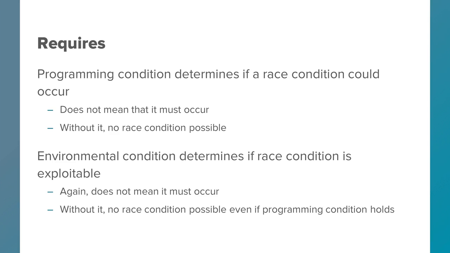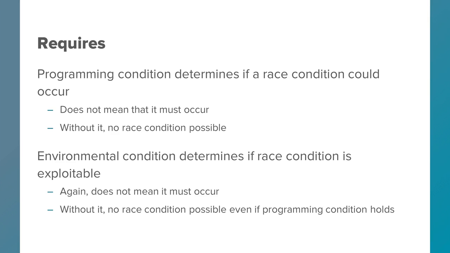If you don't have that environmental condition, if only trusted users can do the swapping, then there's no race condition even if the programming condition holds, because the only people who would do the exploit are people you trust, and by assumption, if you're trusted, you won't do this. And of course, if you're root, you don't need to do this.